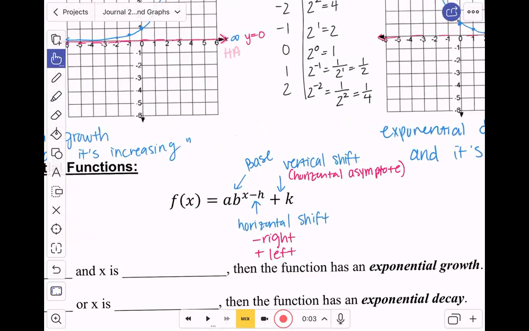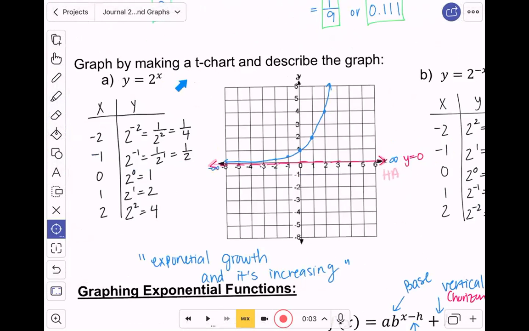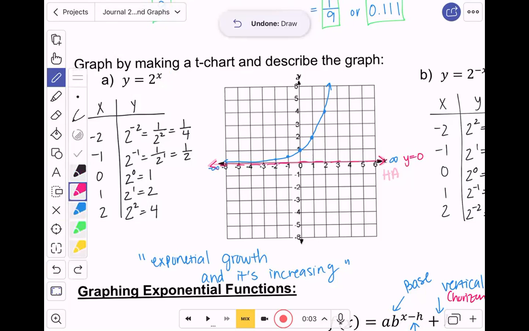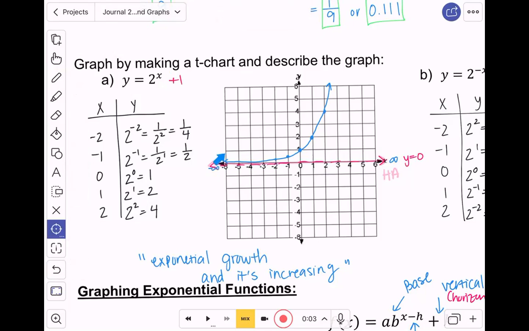Notice that this one here didn't have any shift here, so we can assume that this is +0. So that's why the horizontal asymptote is at y=0. But if we added, let's say, a +1 here, then this would be shifted up 1, and that would be the horizontal asymptote.